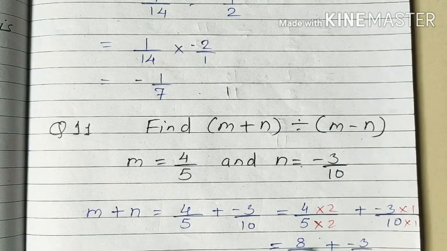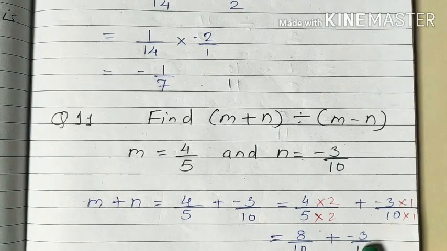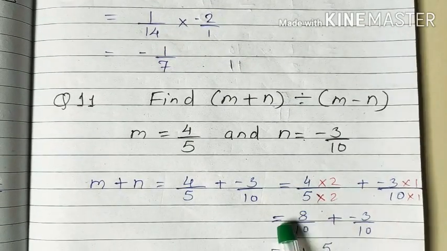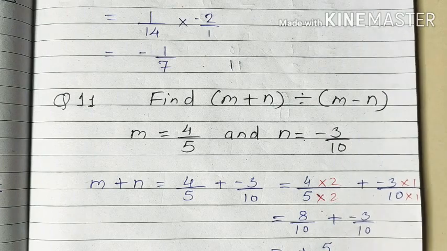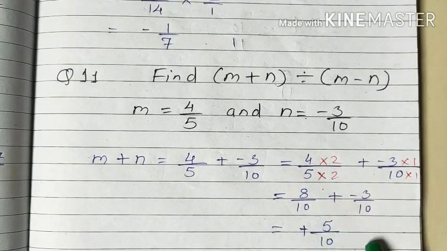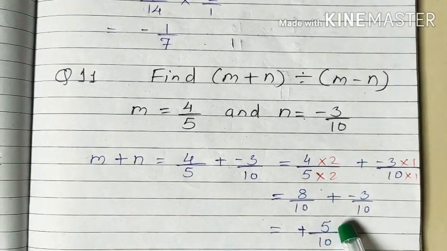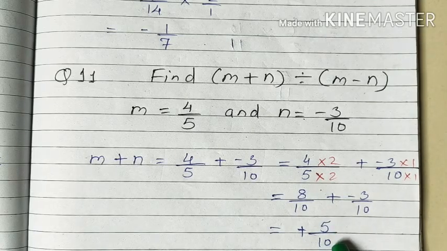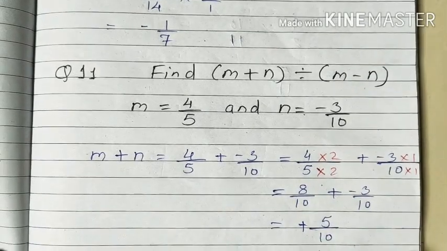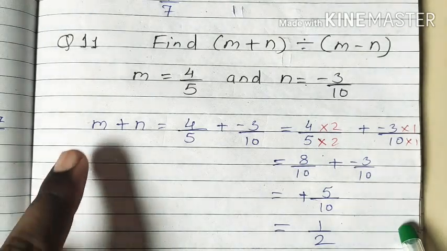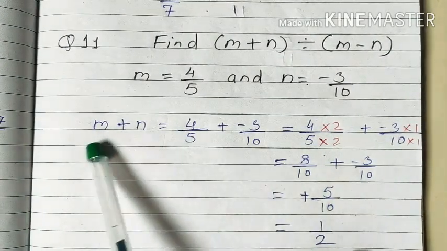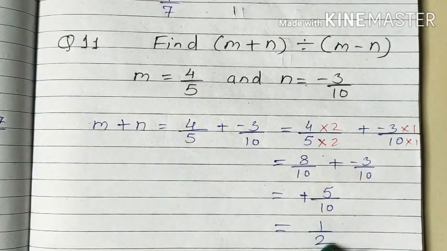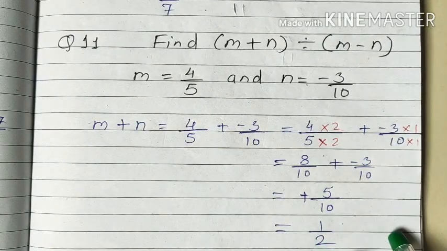Plus minus will be minus. 8 minus 3 is 5 upon 10, and 5 upon 10 simplifies again. 5 1s are 5 and 5 2s are 10. So the value of m plus n is 1 upon 2. Is that clear?